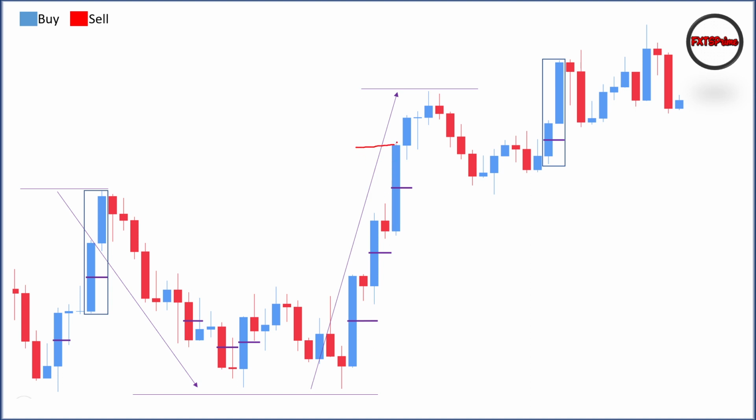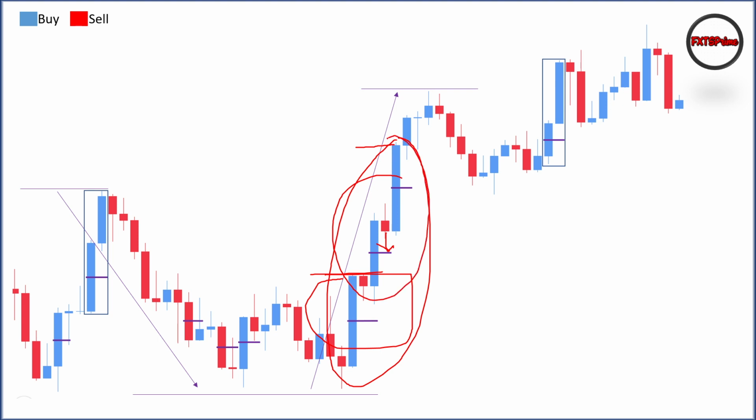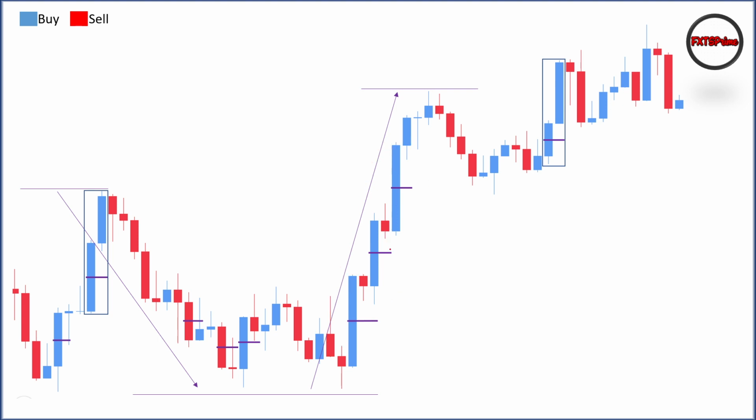I need to look at my swing and see whether there are any candles overlapping the 50% of the previous candles. Ignore this one because this is breaking. I'm talking now about these two candles here. If I take these two candles, I can see that this is not overlapping, so it's good. So I can consider this movement a strong buy.